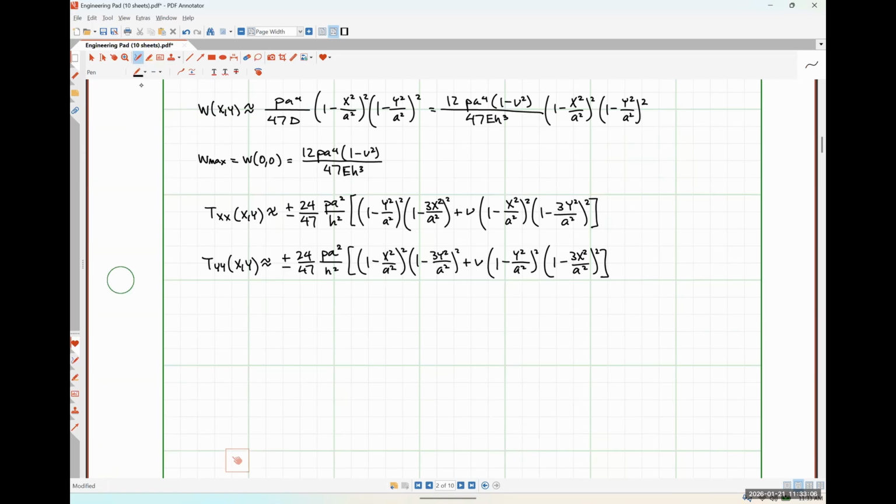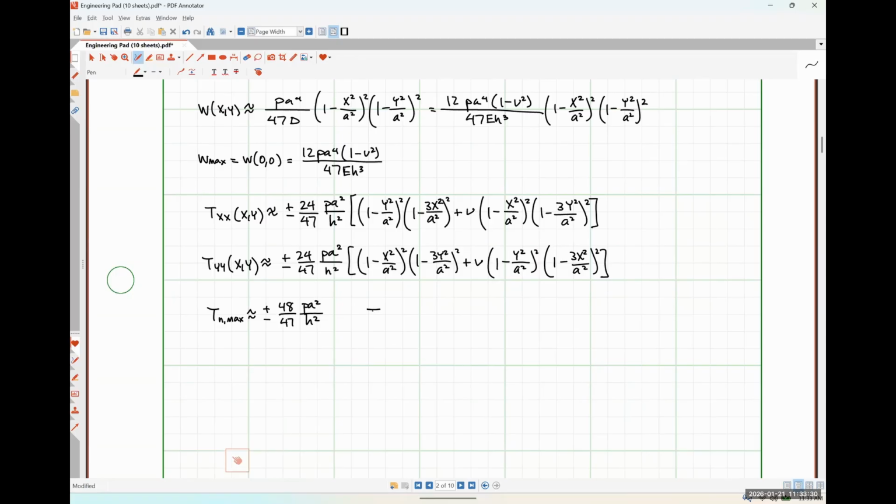So our normal stress is going to look like plus or minus 48 over 47 times PA squared over H squared.